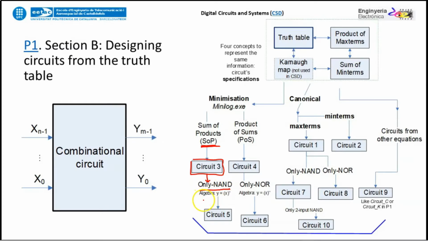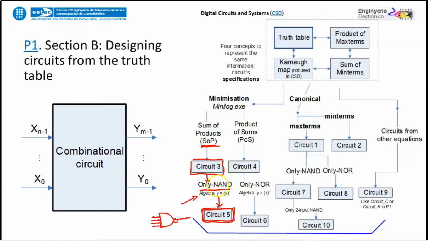This can be solved by applying some Boolean algebra, another trick, so that you can get even another circuit, circuit 5, for example, which consists of only NAND gates like this one here, a NAND of 4 inputs, for example. This is very possible, so you get a final circuit composed of only NAND.